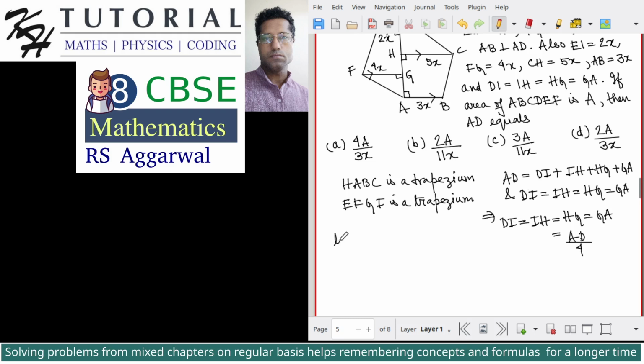Now let the length of AD be equal to y, just for the sake of calculation, it will be easy to refer. So we have all these lengths as y by 4.